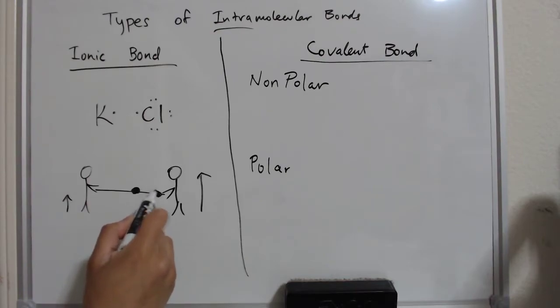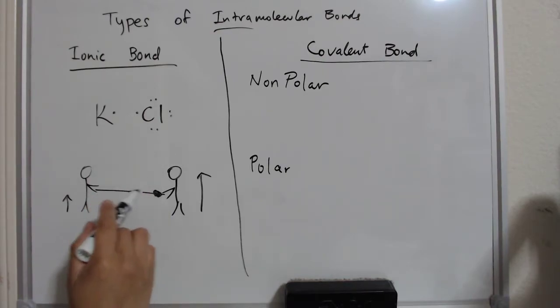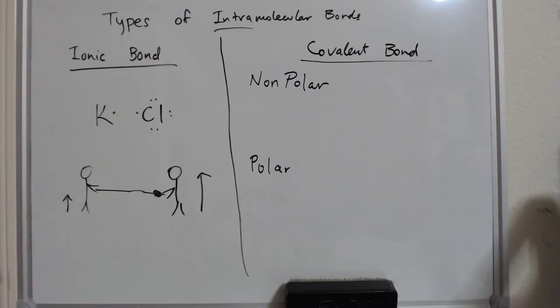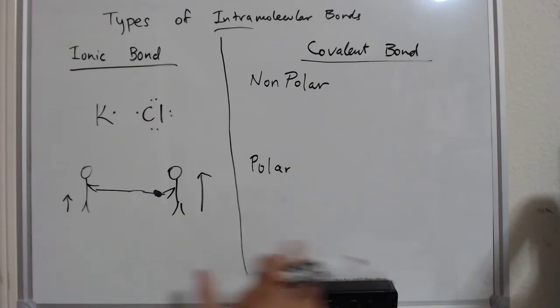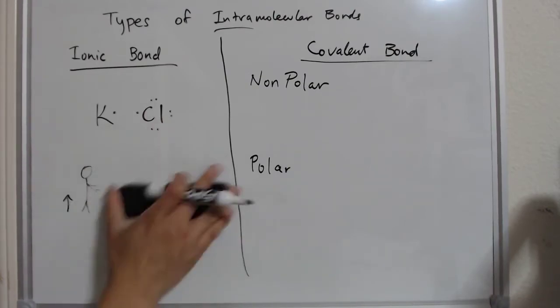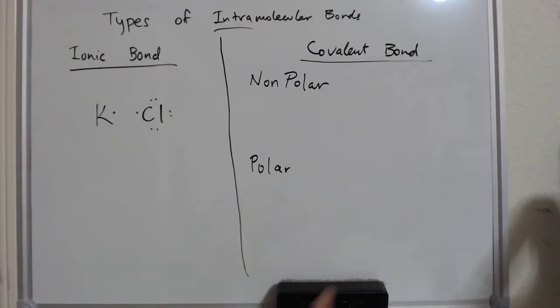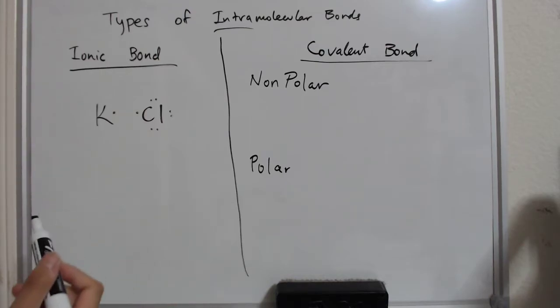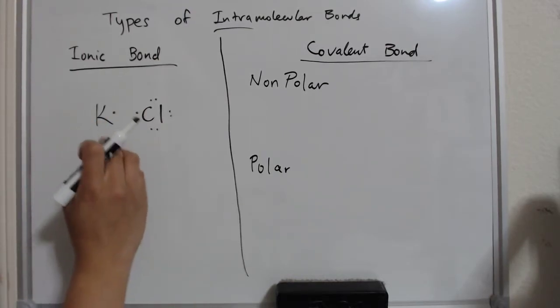It will be over here. The rope will be pulled over here really easily because he really wants it more. He has more strength. So electronegativity can be thought of like that. The chlorine has higher electronegativity compared to potassium, so that means it will really want the electrons way more.